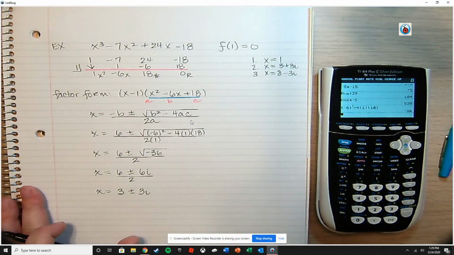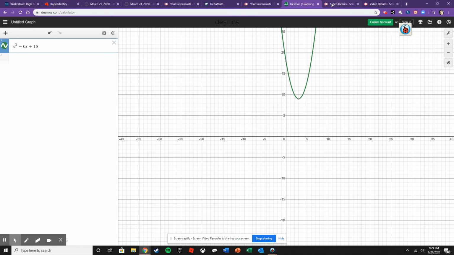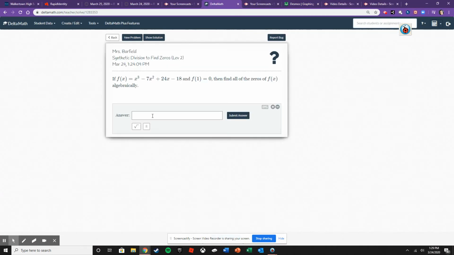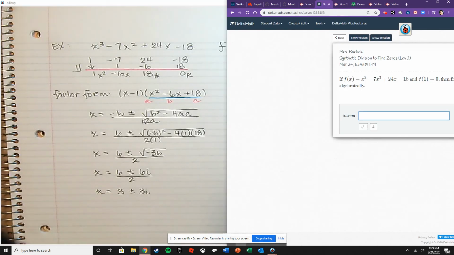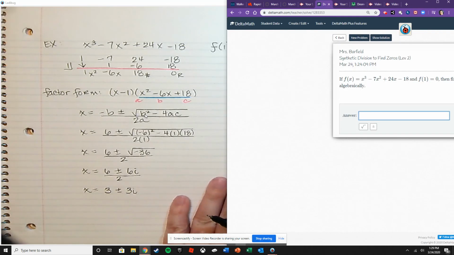Okay. All right. So let me go over here to Delta Math. All right. And that's a good sign. They've got that plus or minus symbol in there. So I'm going to type in my first answer. Let me bring up my other screen so you can see. Let's scoot this over.